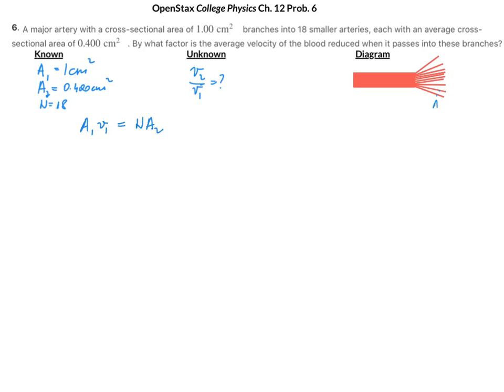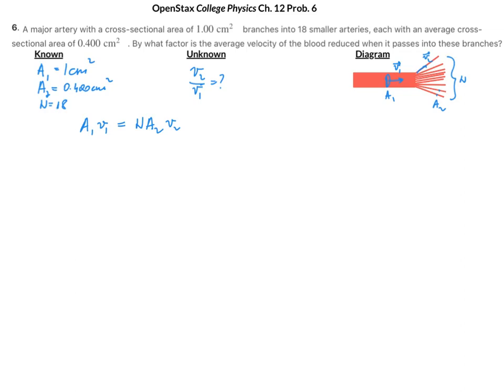So that was A2, but then there's n of them, times V2. So here this was cross-sectional area A1, here was velocity V1, and then the velocity through here is going to be V2 through each one of those smaller arteries.